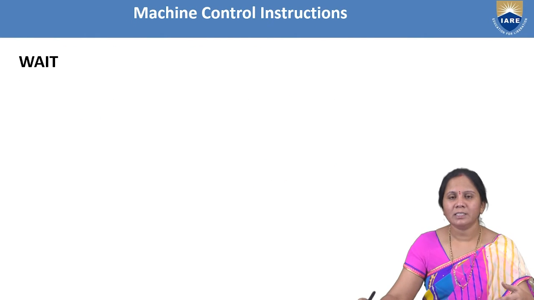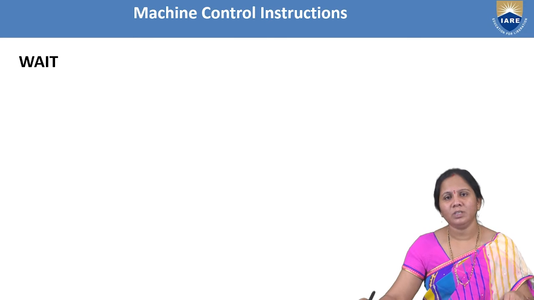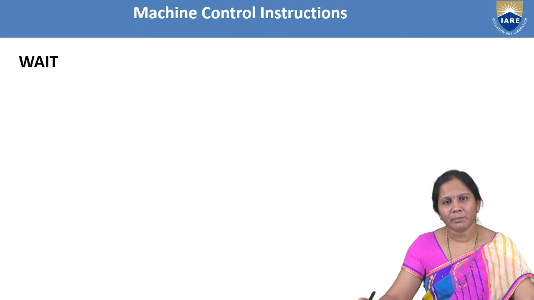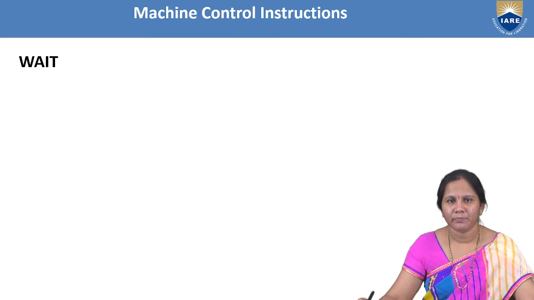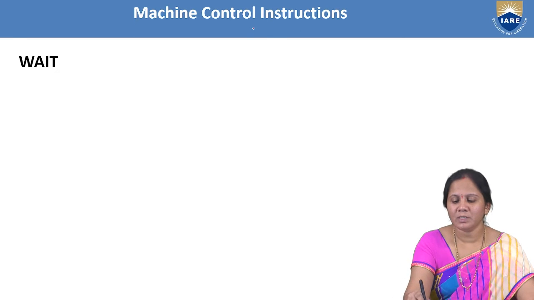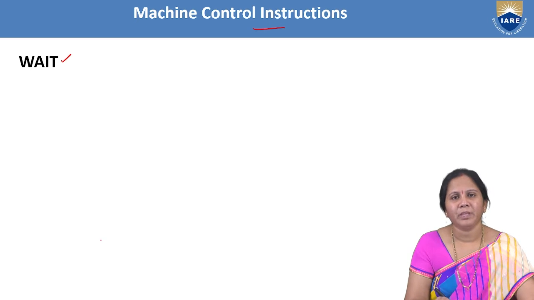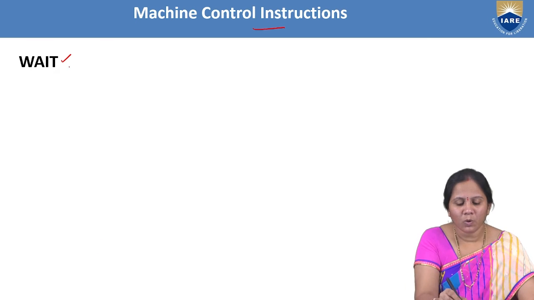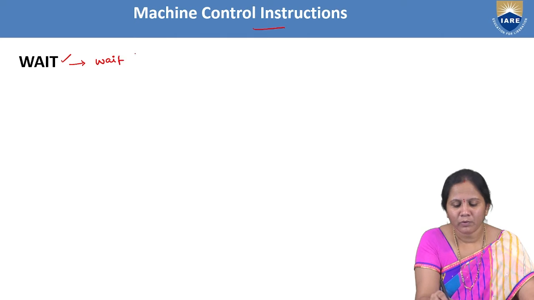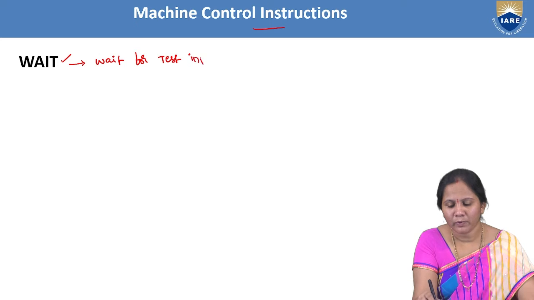Now, let us discuss the mission control instructions and flag manipulation instructions. The first instruction under mission control is WAIT. The WAIT instruction means wait for the test input to go low.